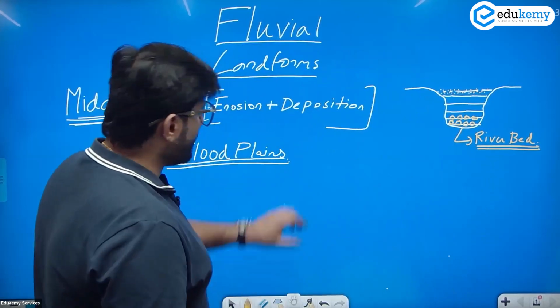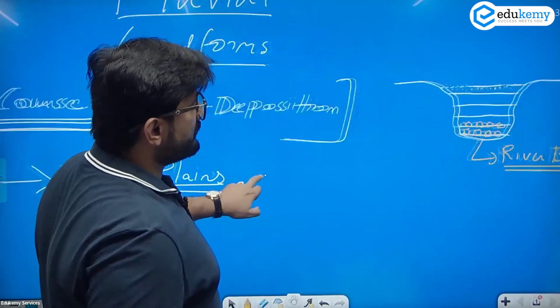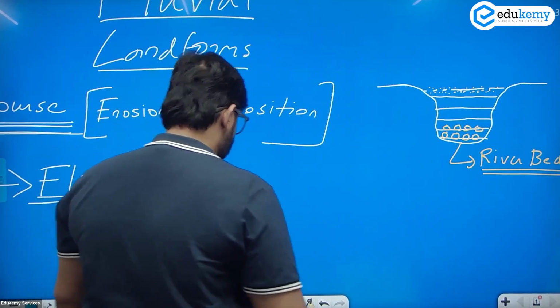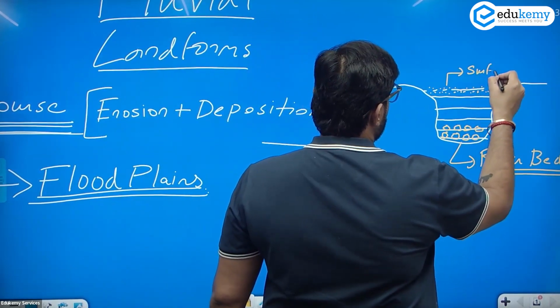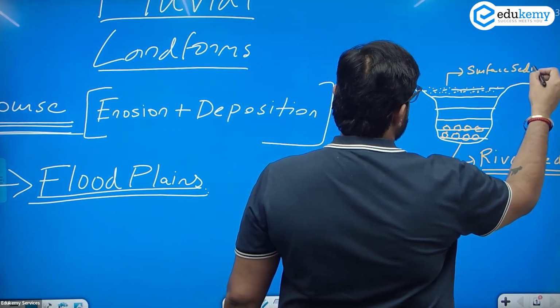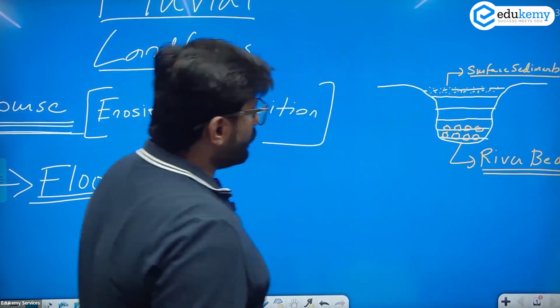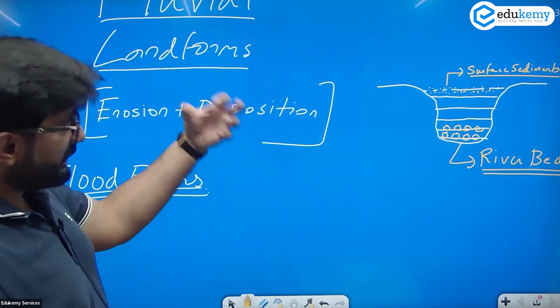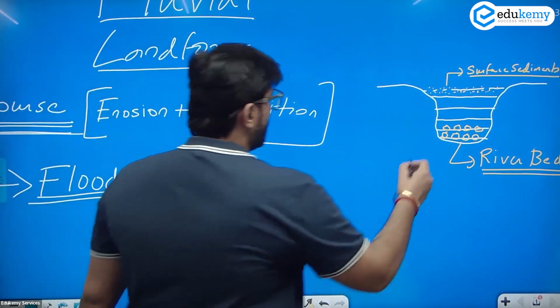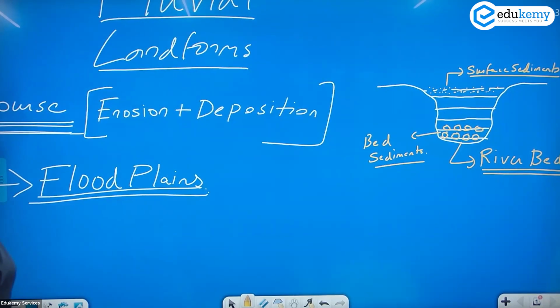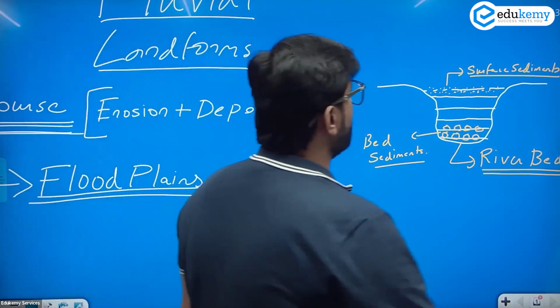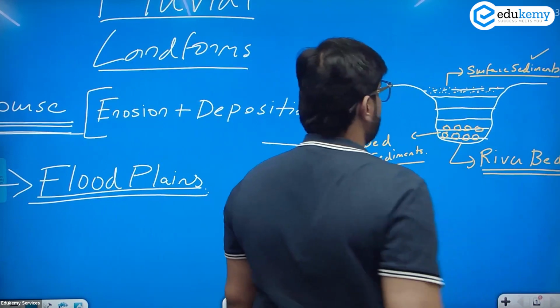Very simply, the sediments that are floating are known as surface sediments, and those deposited at the riverbed are known as bed sediments. So now when we talk about floodplains, in floodplains we majorly have the role of surface sediments.